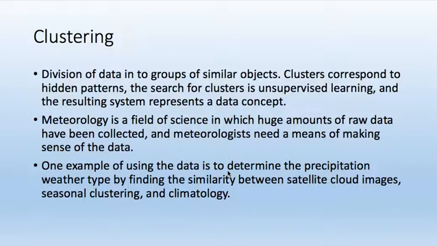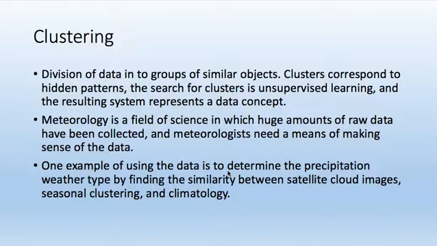Clustering is very useful when you have a large collection of raw data, like in meteorology. They have machines that are out measuring certain things about weather or other climate data, and most of it's just raw data. It's not really organized. It's not really structured in any specific way.